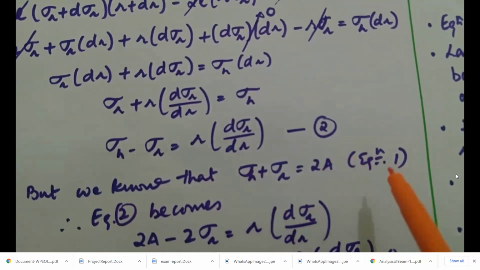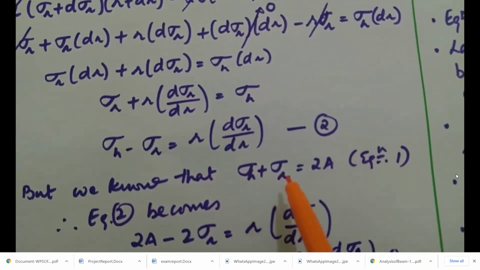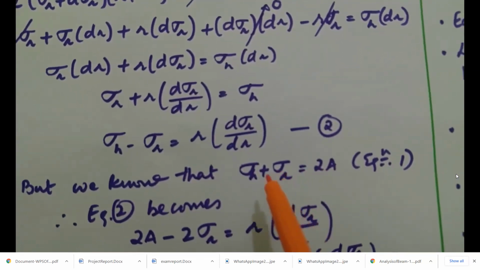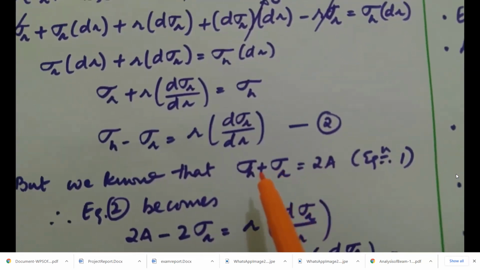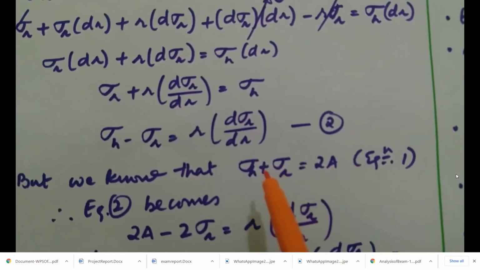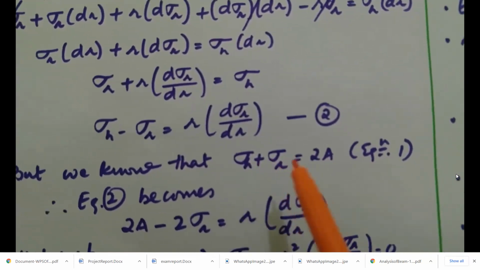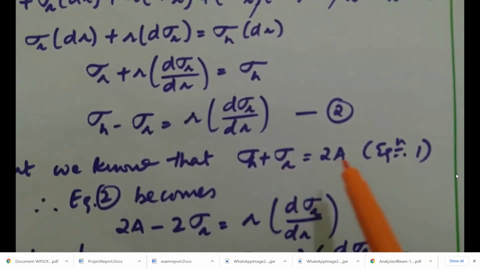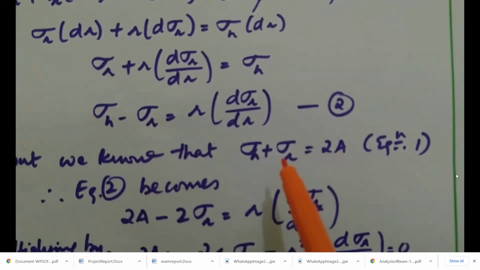But we know this is equation number 1, sigma h plus sigma r is equal to 2a. If you go back to video number 1, the last portion, I have derived this equation from the assumption that plane sections remain plane before and after applying pressure. So sigma h plus sigma r is equal to 2a. I substitute instead of sigma h, 2a minus sigma r.